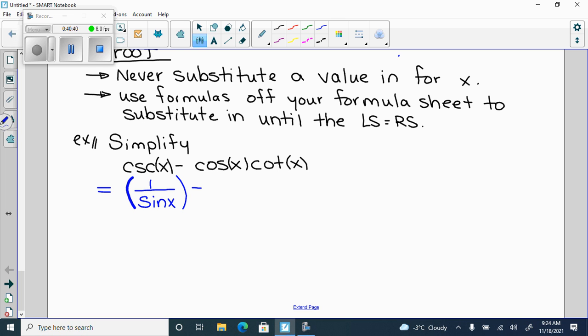Minus what? And then what's cos? Well, it's cos x over 1. What's cotan? So some people will say 1 over tan, but that's not helpful. We try and switch it to as many coses and sines as possible. So yes, cotan up there is also cos x over sine x.